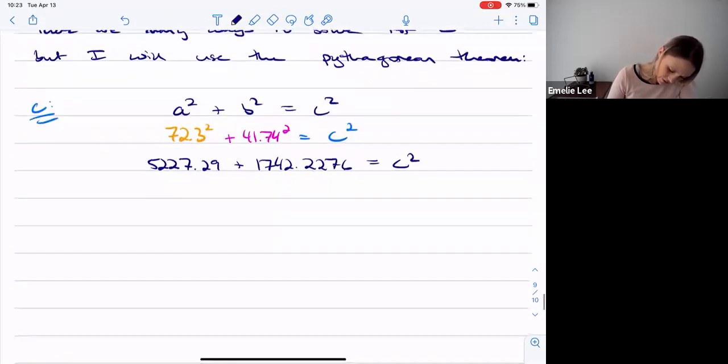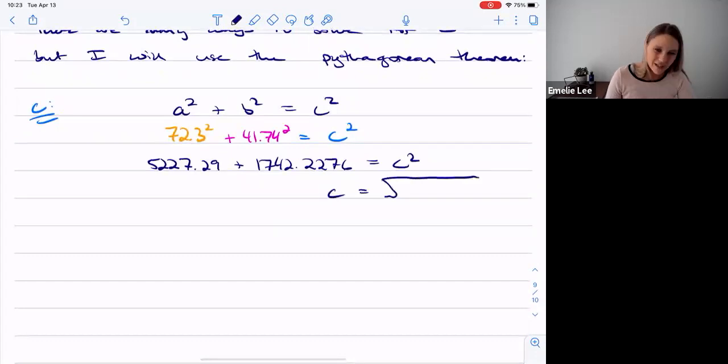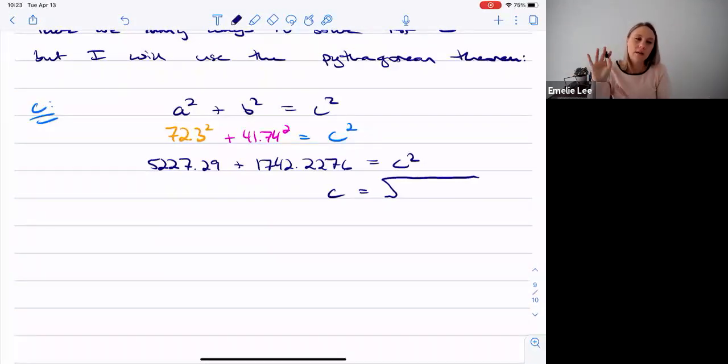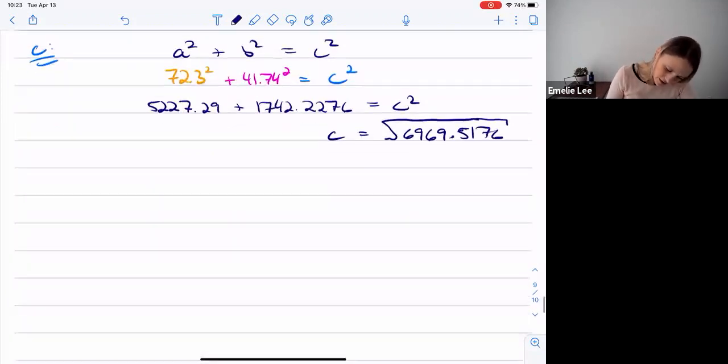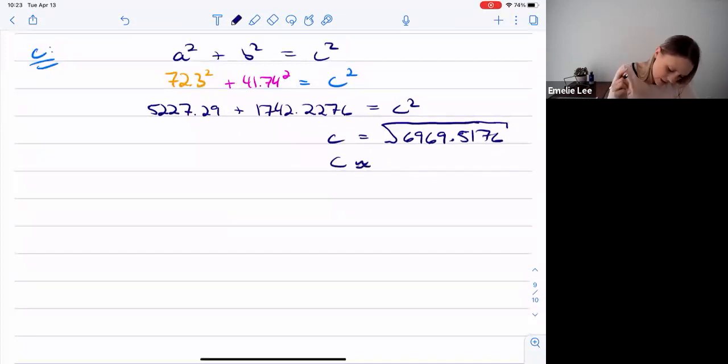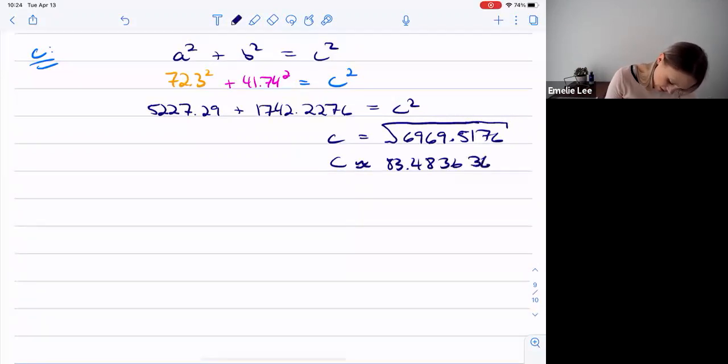Adding those two up, C is the square root. And again, at this point, I'm just ignoring the negative version because I know it has to be positive. It has to be some length. So I'm just ignoring the negative option of the square root, and I'm taking the square root of 6969.5176. Once I take the square root of that, C is roughly 83.48363672.